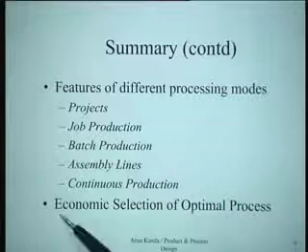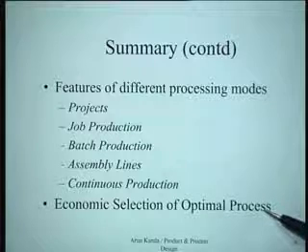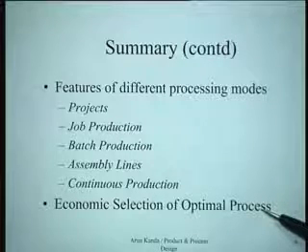And I think we emphasized the point that the choice of the process is essentially an optimal decision based on economics. So depending upon the situation and the context, you have to choose an appropriate process.